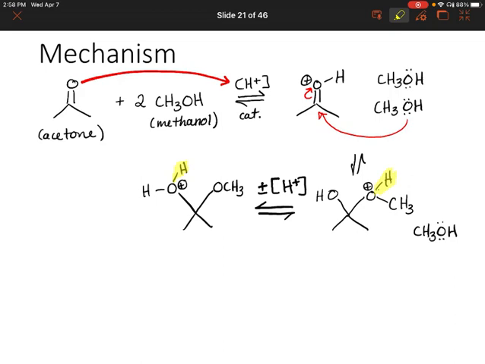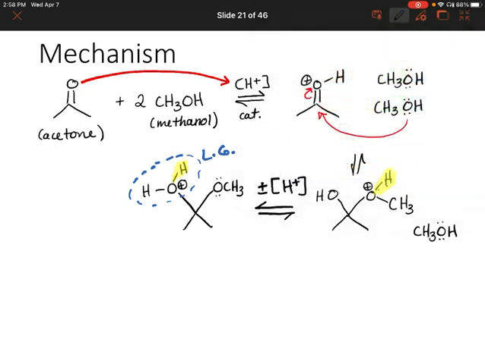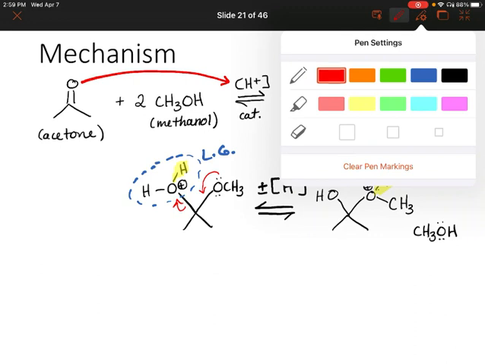All right, so now that hydrogen is on the other oxygen. The reason that this happens is to create a better leaving group. So now we have water on one side, which again is a good leaving group. So now the oxygen on the right-hand side is going to form a double bond, and that's going to kick out our water group.